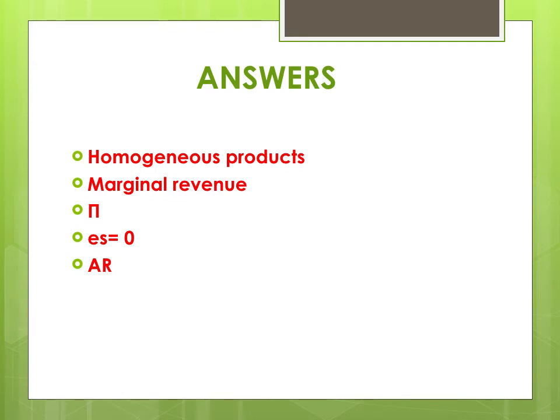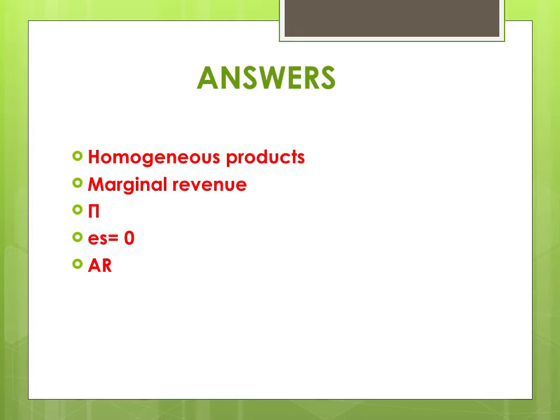The answers for the multiple choice statements are as follows. Note down and let's see if you got them correctly. In a perfect competition, each firm produces and sells homogeneous products. This is the correct option. Next, the increase in total revenue for a unit increase in output is marginal revenue. I hope you got it correct.